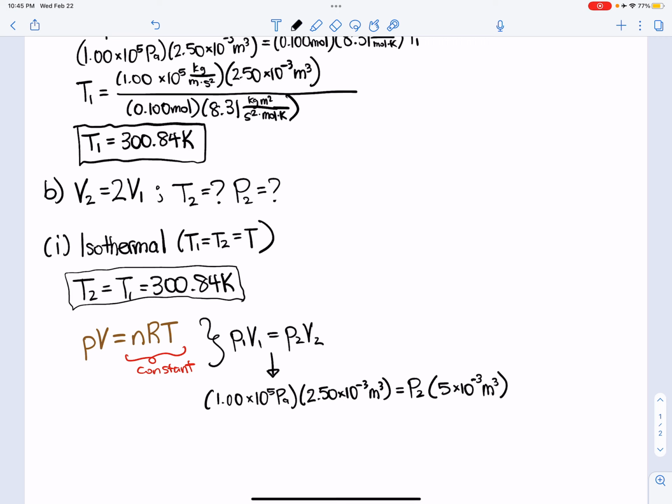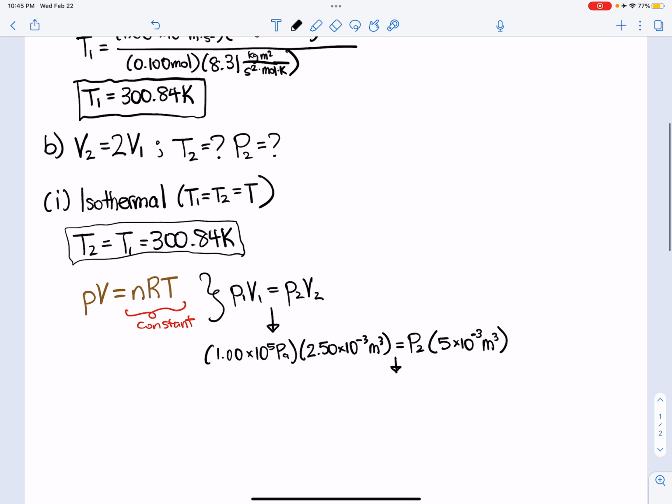Okay, so I have everything and I can solve for P2. Plug that into my calculator and cancel out my units. I would get that for an isothermal process, P2 is equal to 50,000 pascals.